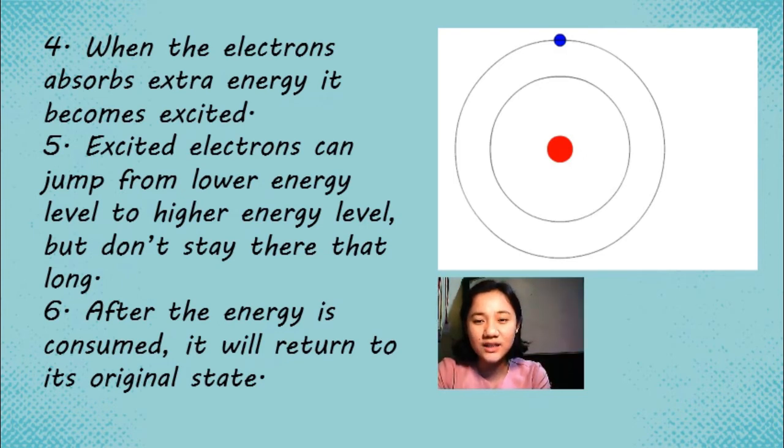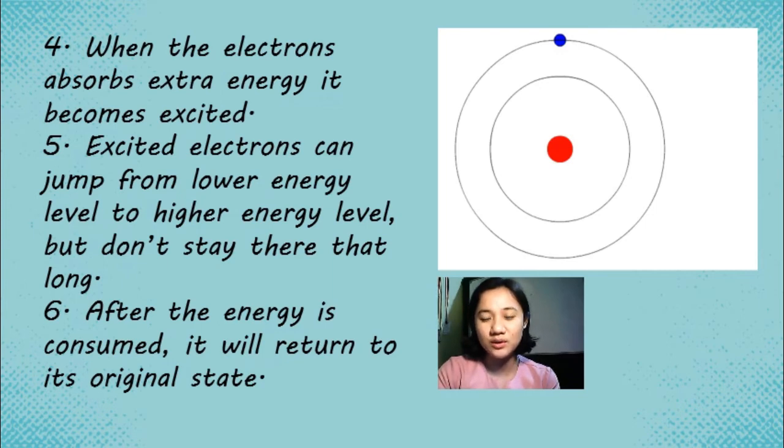An electron can become excited if it is given extra energy, such as if it absorbs a photon, or a packet of light, or collides with a nearby particle. So an electron becomes excited once it is triggered or absorbs extra energy. Now, excited electrons can jump from a lower energy level to a higher energy level.